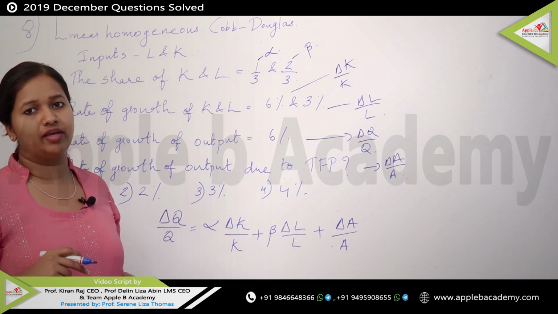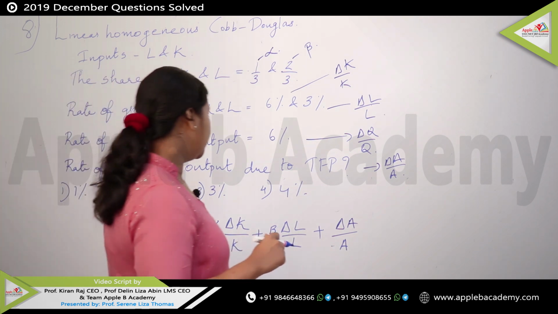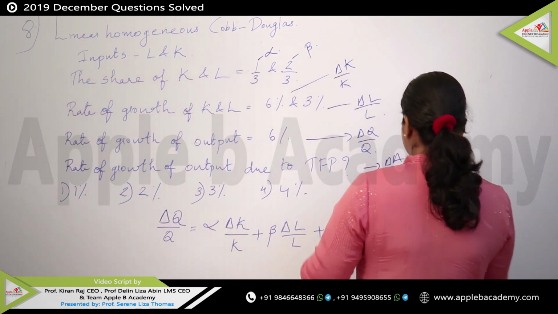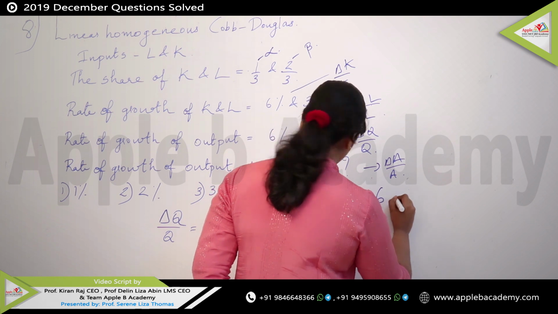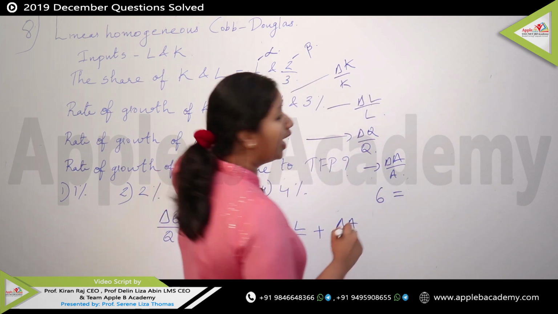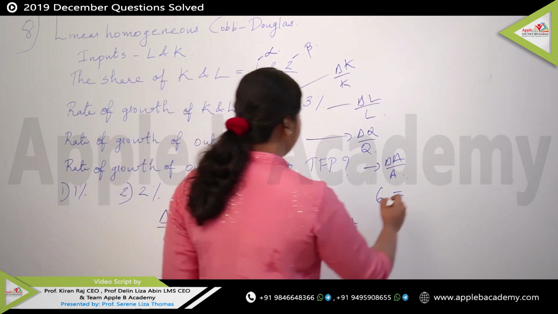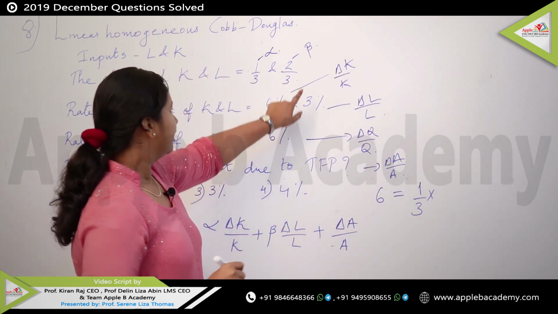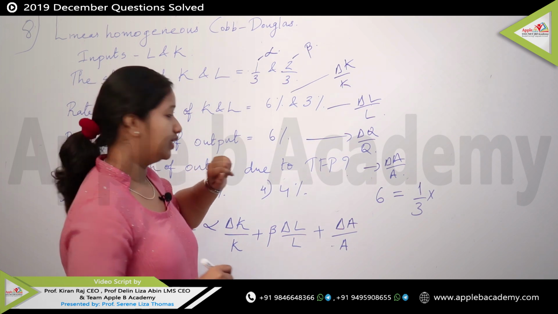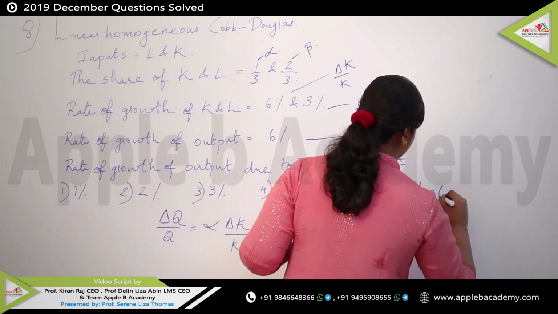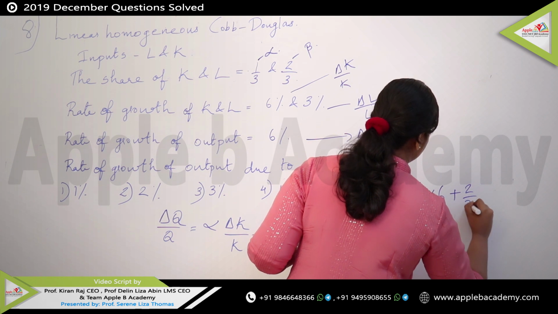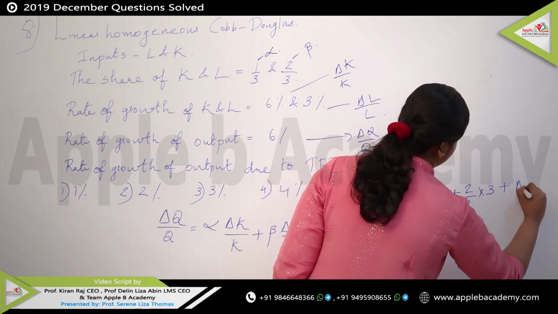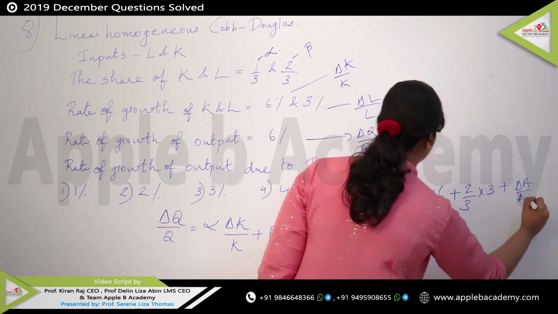Substituting, delta Q by Q is 6%, so 6% is equal to alpha, which is 1 by 3, into delta K by K, which is 6%, plus 2 by 3 into 3% plus delta A by A.